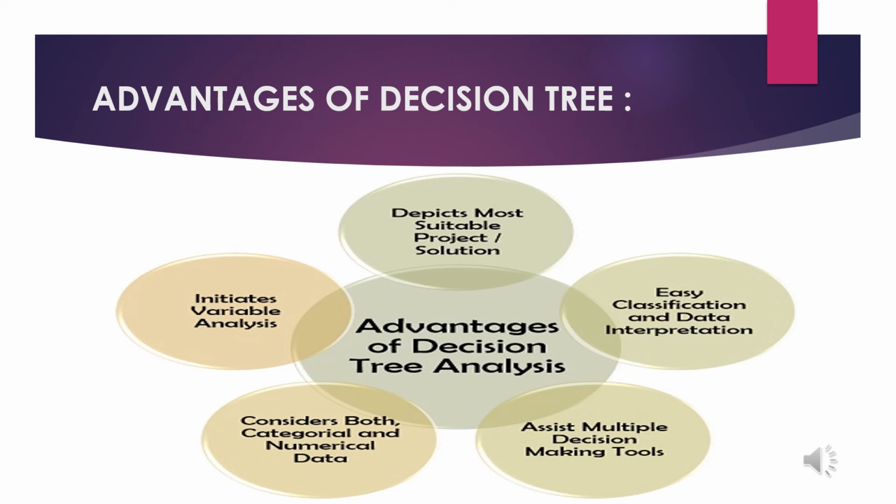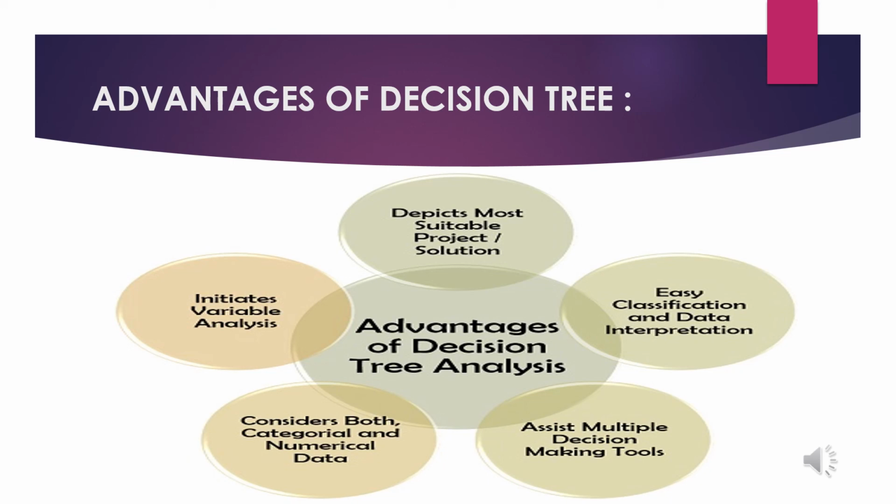The first advantage of the decision tree is that it depicts the most suitable project or solution, which means that it has an effective means of picking out the most appropriate project or solution after taking into consideration every single possibility which is there with the organization.